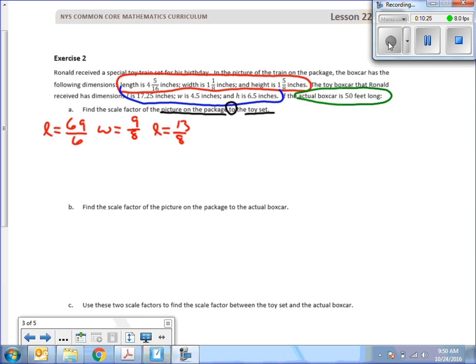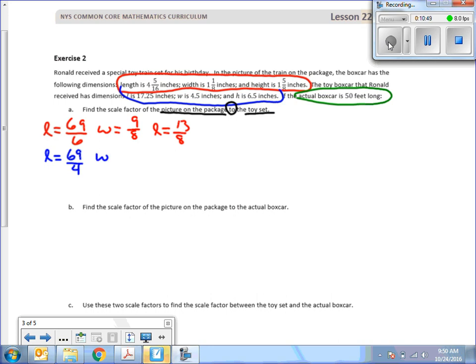Okay? I'm going to do the same thing with the dimensions of the actual toy. I'll do that in blue. 17.25 is 17 and a quarter, which is 17 times 4, which is 68, plus 1 is 69 over 4.